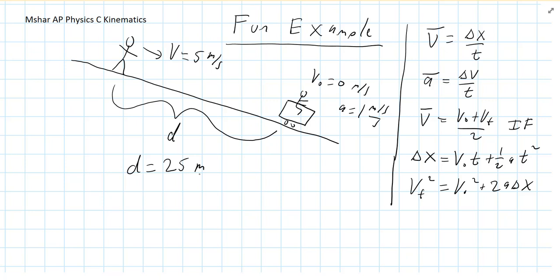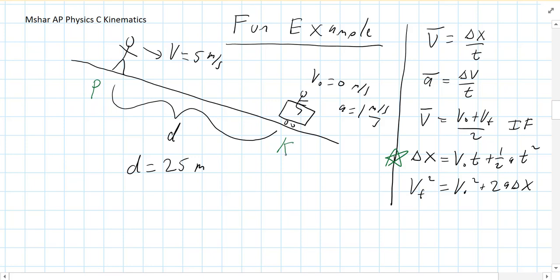All right, so here's a solution, okay? So what I'm going to do is I'm going to use this fourth equation here, okay? And we have two objects, so I actually have to use two separate equations. So I'll call the adult P for parent, and for the kid, I'll use a K for kid, okay?